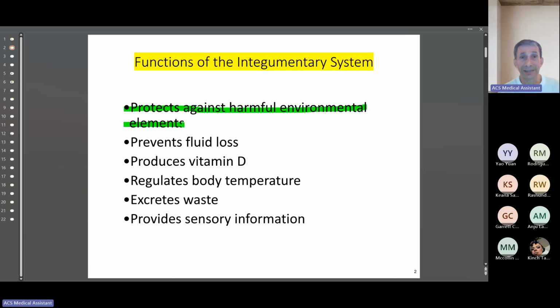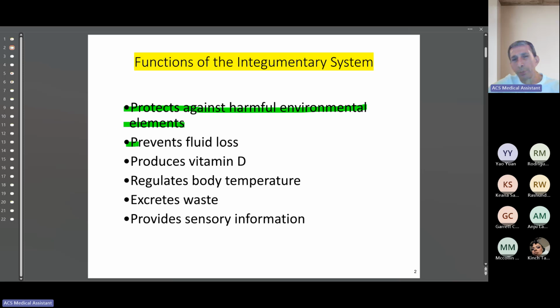I'm going to be floating inside water because the skin is not there. So the skin protects you against dust, because the dust gets trapped outside on our skin. It doesn't go inside. So that is called harmful environmental elements. Anything that can cause you to be sick or to damage internal organs, the first part that is getting the heat is going to be the skin. That will be number one.